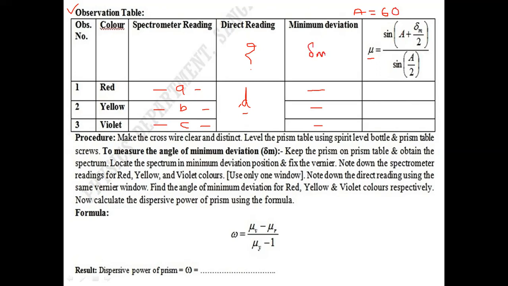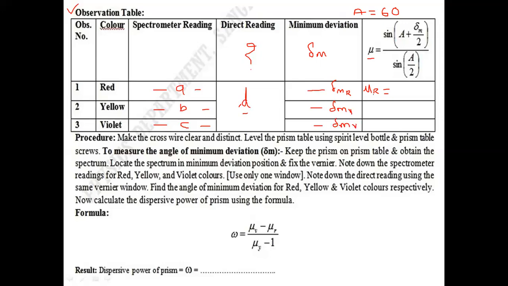So this is delta m. So you have to calculate the refractive index for red color. So this is delta m for R. This is delta m for yellow color, and the last one is delta m for violet color.